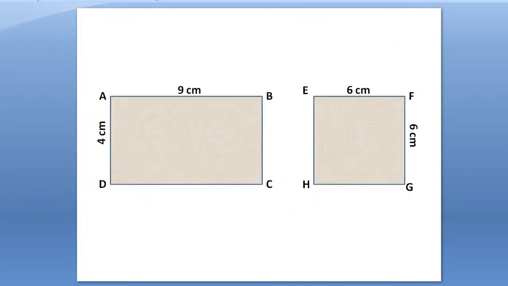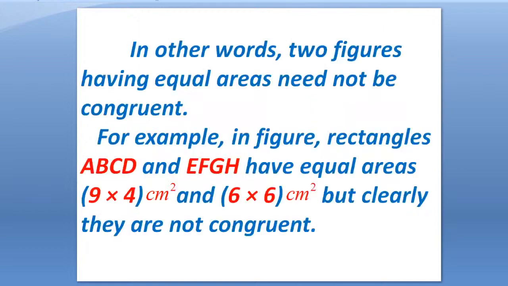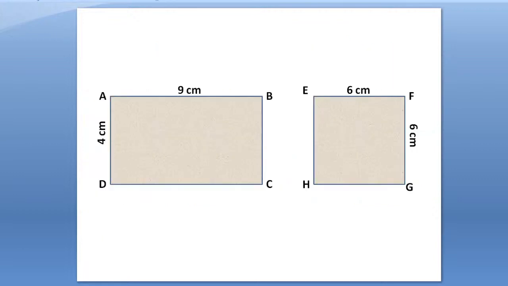See here, 9 into 4 centimeters rectangle, so area is 36 centimeters square, and another one is 6 centimeter into 6 centimeter, so 36 centimeter square is area. So the areas are equal, but these two figures are not congruent.